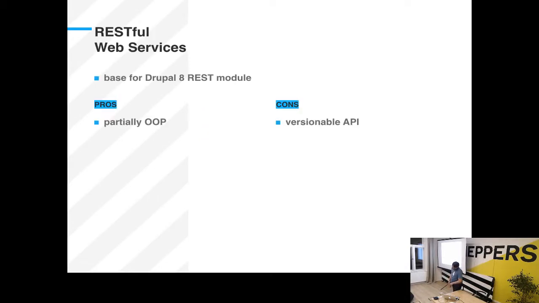The first one, RESTful web services, is based on the Drupal 8 REST module. What is good about it is it's partially OOP, so you don't have to go through a lot of functions. What's not very good is that it doesn't provide a versionable API.